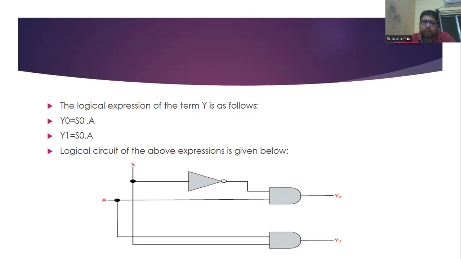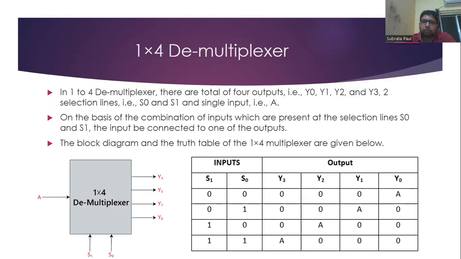The next type of demultiplexer is the 1 into 4 demultiplexer. Here we will have one input and four different outputs. We denote them as y0, y1, y2 and y3. In this case, we will have two different select lines, S0 and S1. The different combinations of the output are denoted in this truth table on the basis of the select lines.